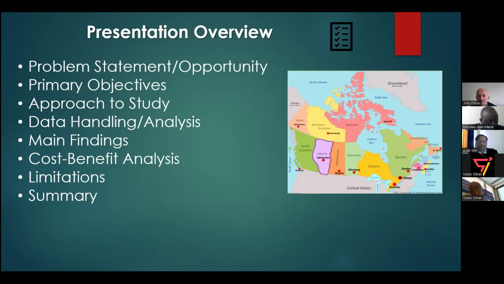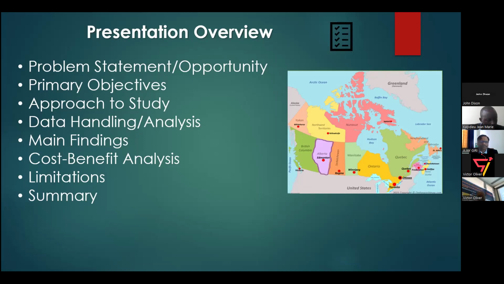So problem statements and opportunities, and what the primary objectives are, and also how we went about executing the study. We also cover a section on data handling and analysis, because we had a bunch of data sets and we had to do some statistical analysis on that, and summarize for you what the main findings are.